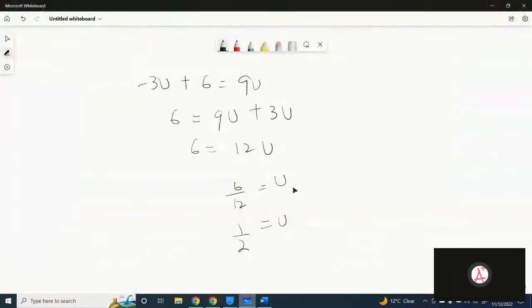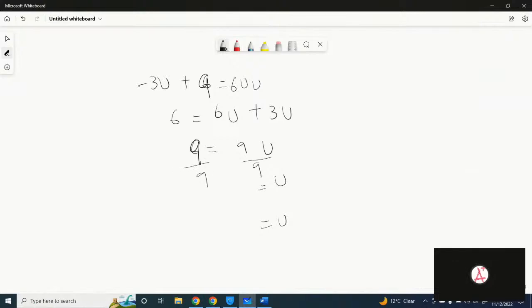6u plus 3u makes 9u. So you have to divide both sides by 9.